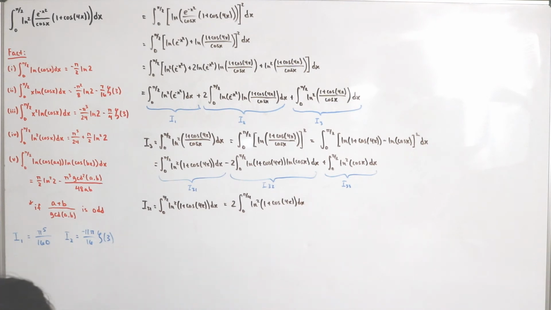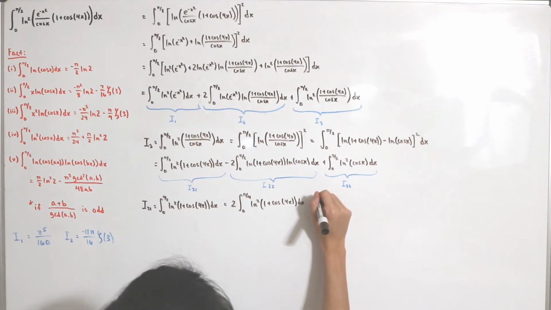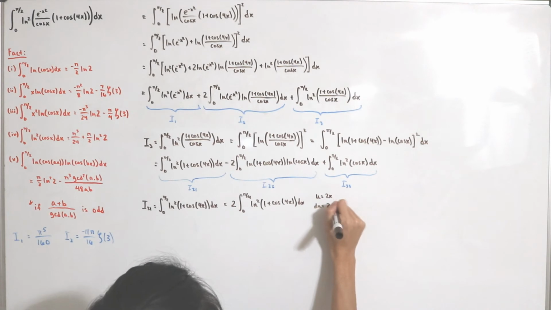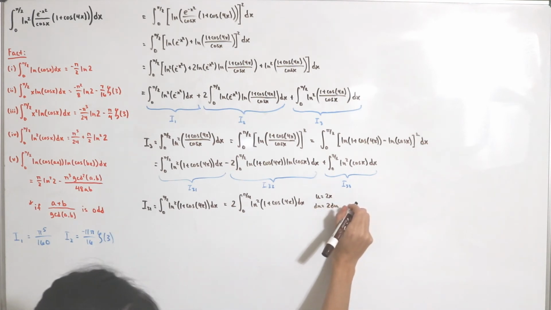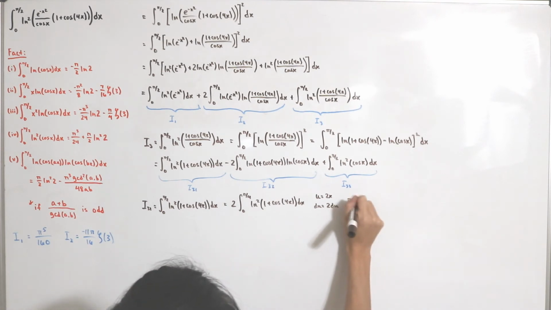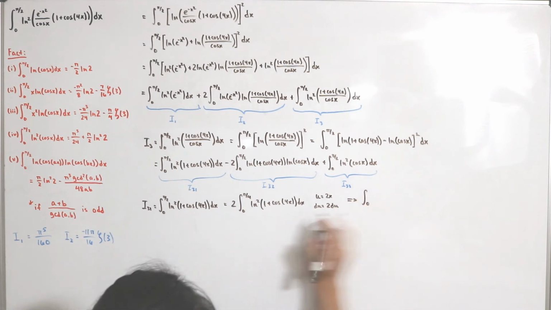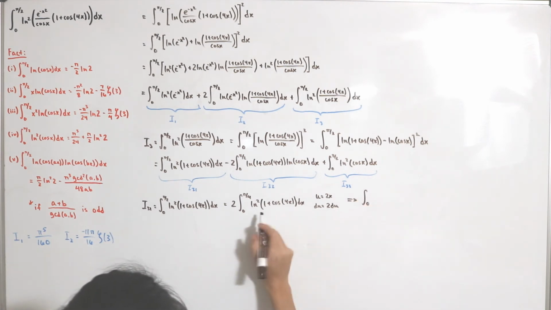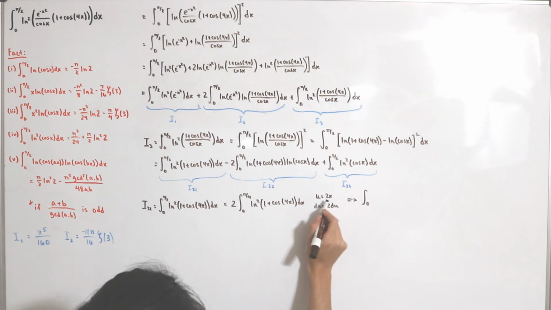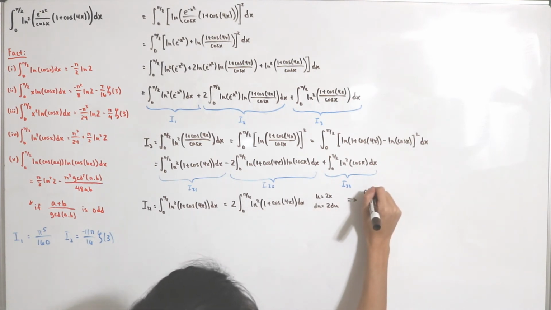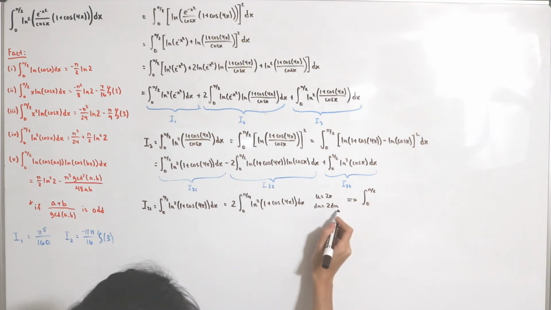Okay, and then now we just need to do a u-substitution, so we'll let u equal 2x, then du is equal to 2 dx, and now we have to change our bounds of integration. You plug in 0, so u is 0, you plug in pi over 4, so you get pi over 2, and then we have that 2 dx, so just divide by 2.